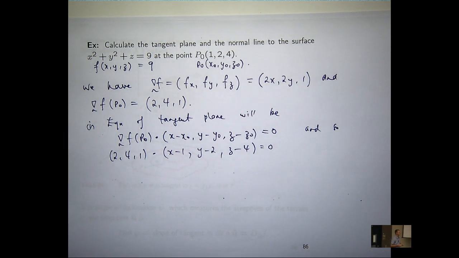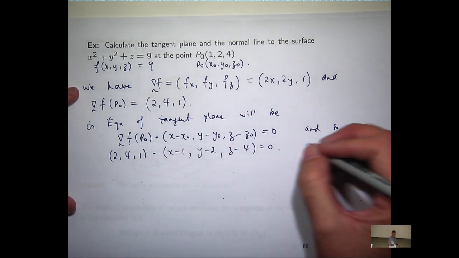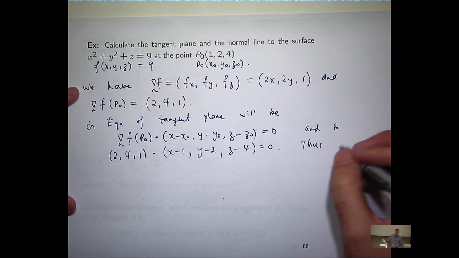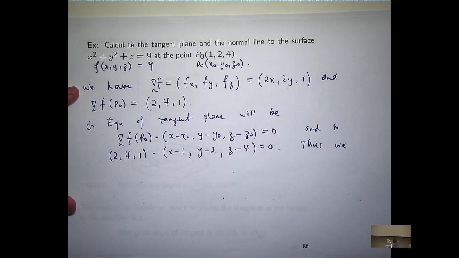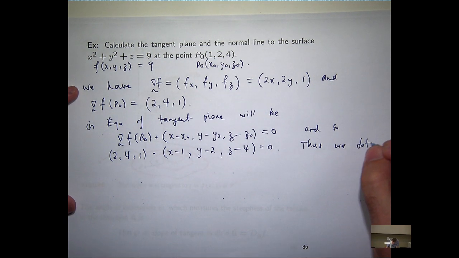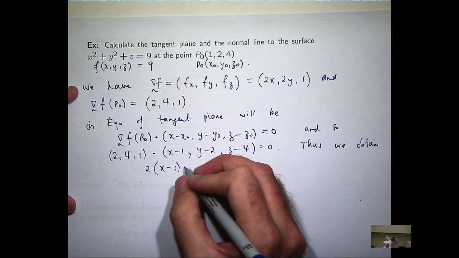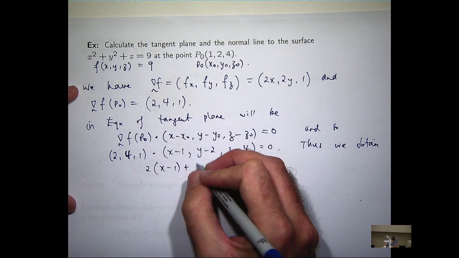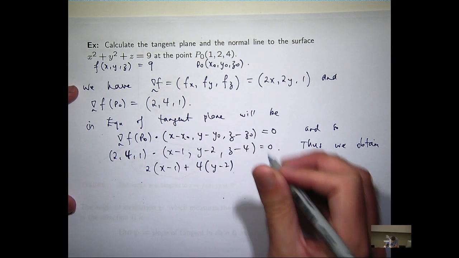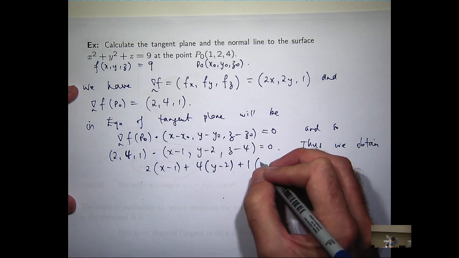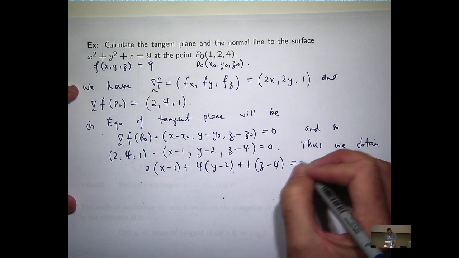Okay, so the dot product, just expand it out, and then you'll have your equation. So it's going to be 2(x minus 1) plus 4(y minus 2) plus 1(z minus 4) equals 0.